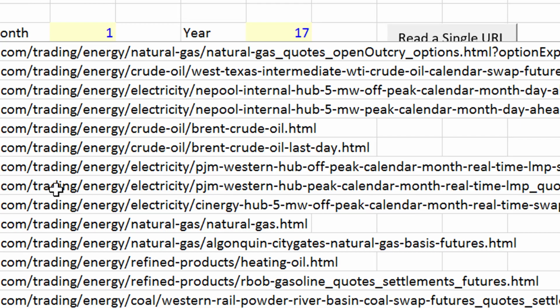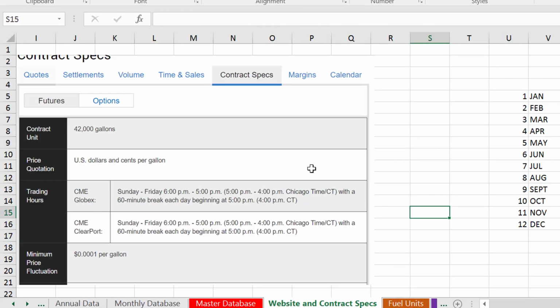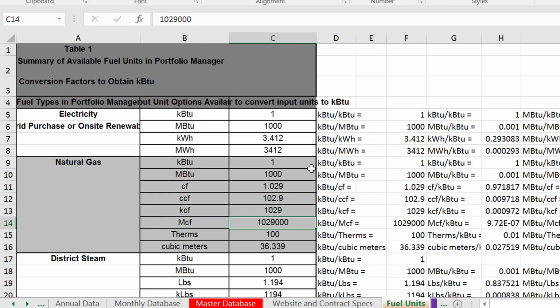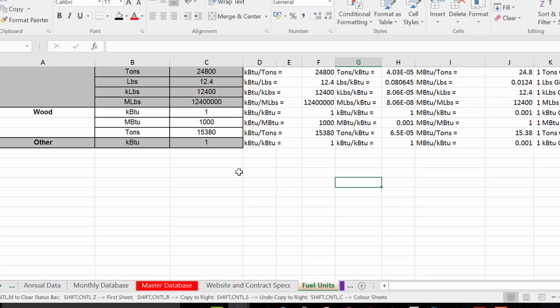After I downloaded the files, which I'll show you in a minute, I put our little fuel units in so they're all in terms of per MMBTU. I hate the way they do this. I want to understand what's on the bottom. I wish they would just show me the ratio. So I did a little work for you where I showed you what's on the bottom and what's on the top and all of these conversion factors for natural gas, steam, coal.